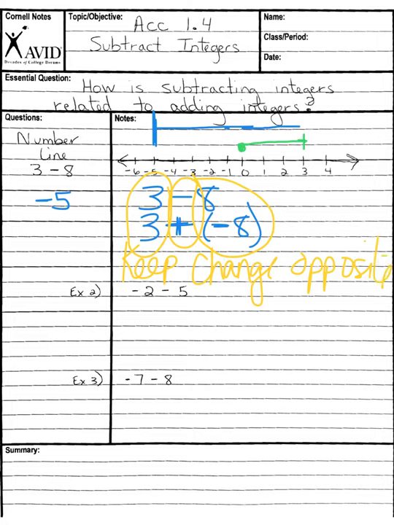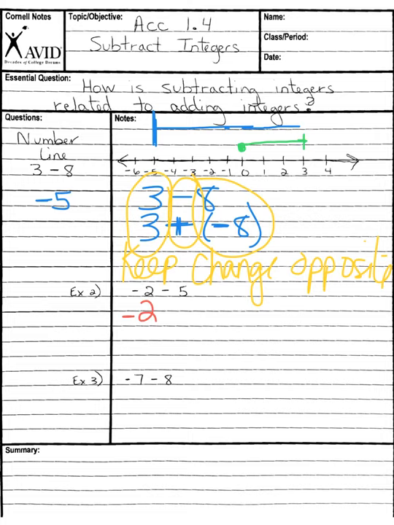So, if you liked the adding better than you liked the subtracting, then we can change all of those. Let's look and see, how do I change my negative 2 minus 5? Well, we have a negative 2. We're going to keep that number the same.